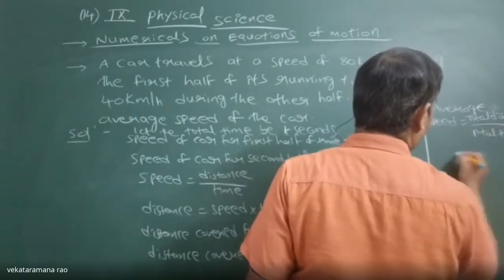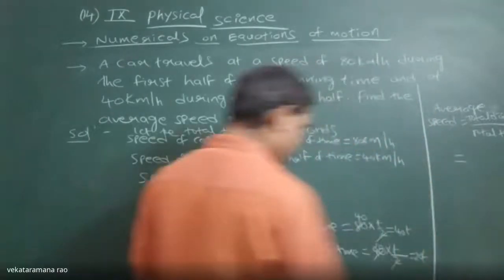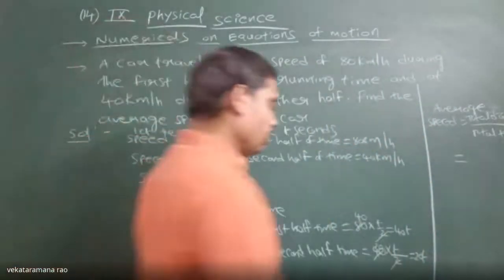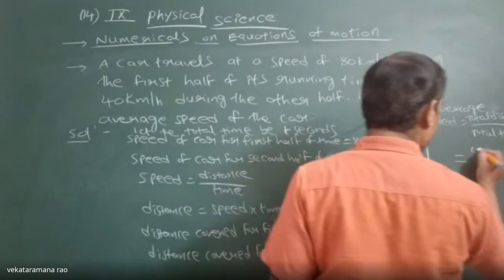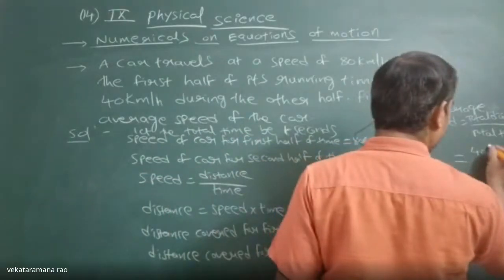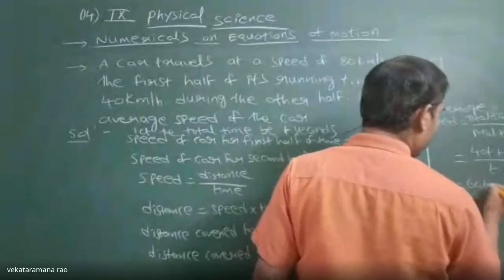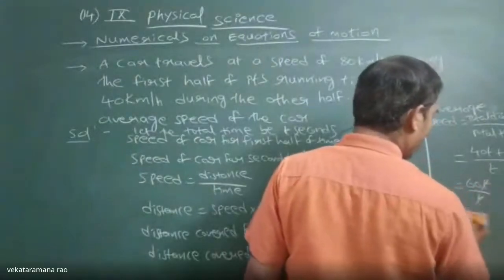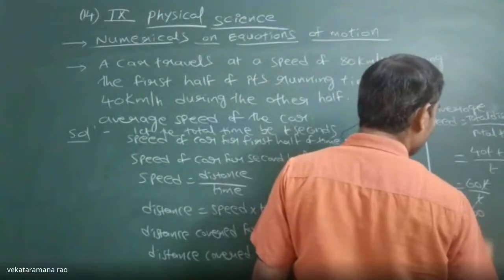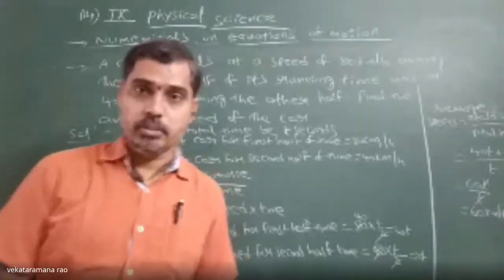We have to add the first half distance and the second half distance: 40 T plus 20 T by total time T. So 60 T by T. T cancels. 60 kilometers per hour. In this way, we can find average speed. Please note down.